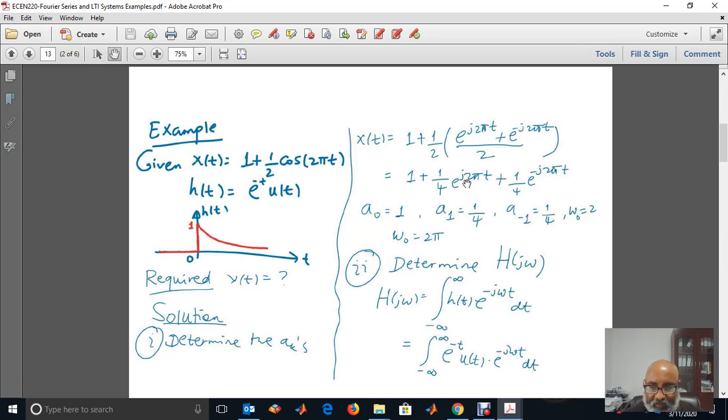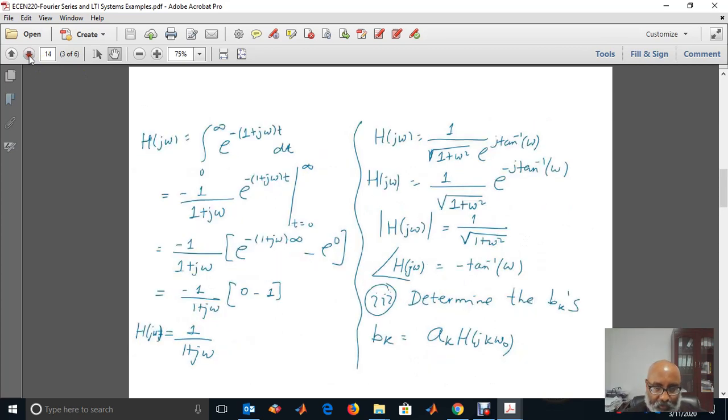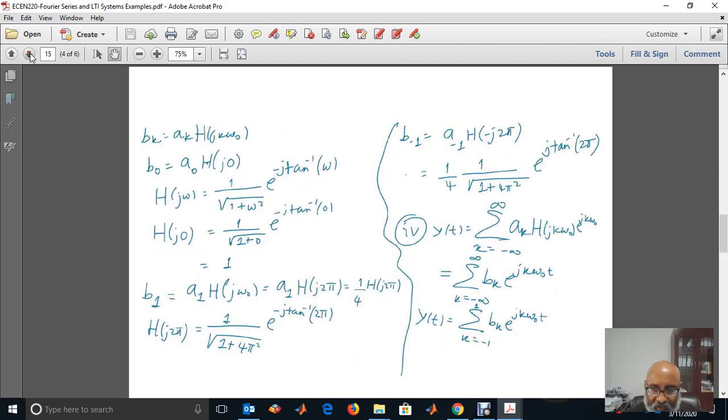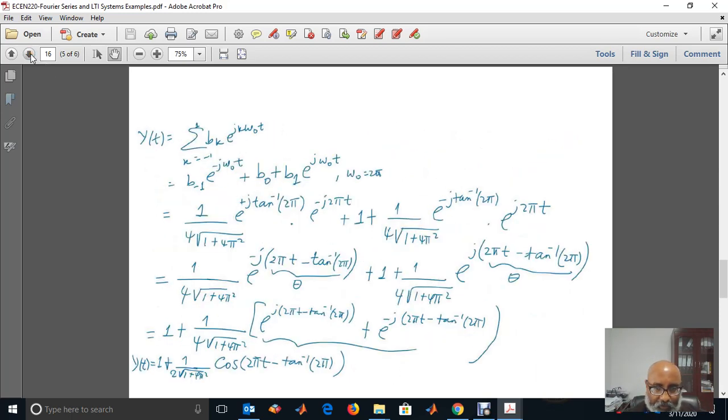So for this we have A0 equal to 1, A1 equal to 1 over 4, A minus 1 equal to 1 over 4, and we calculate H(j omega) like before. It is the same, and we do the summation. In this case, we have only B1, B minus 1, and B0. And then we do the summation like before.